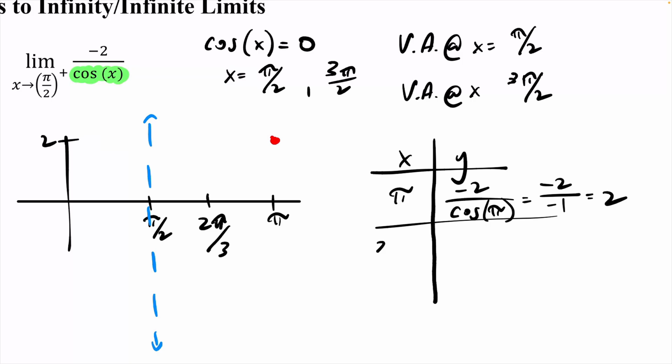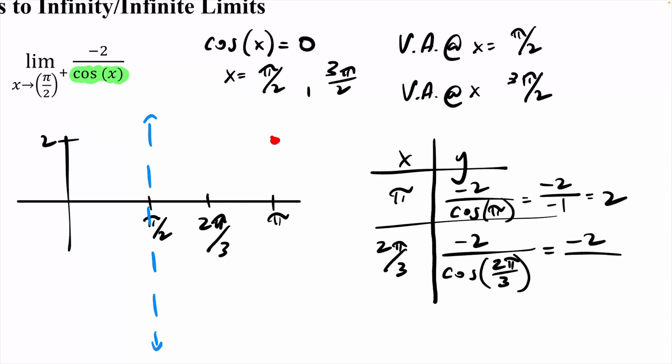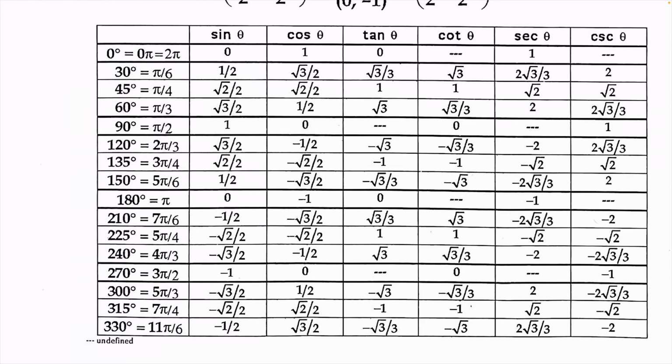Now let's get closer. 2 pi over 3. So we get -2 over cosine of 2 pi over 3. So we get -2 over, was it -1/2? Yep, -1/2.